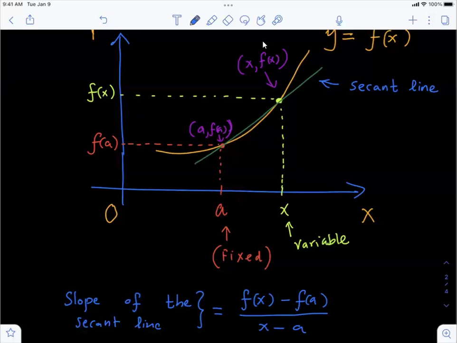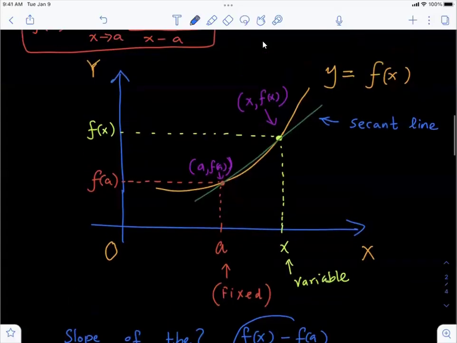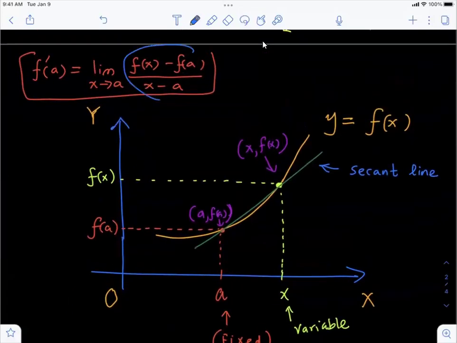By any chance, if you do not see this connection, pause the video for a moment, write down the point slope formula one more time, and make sure that you see that connection properly. Now, once you got this idea, can you see this was the key component in the definition that we wrote down a few minutes ago?